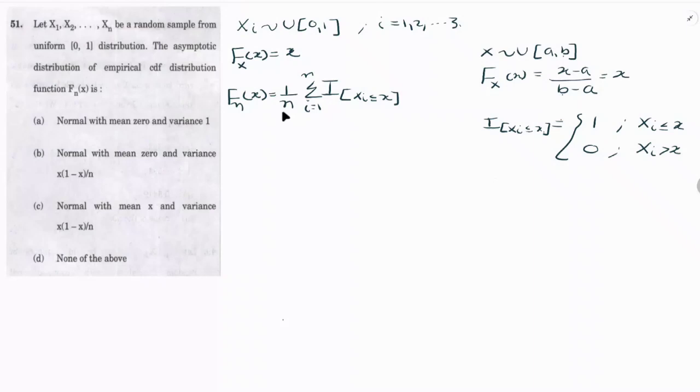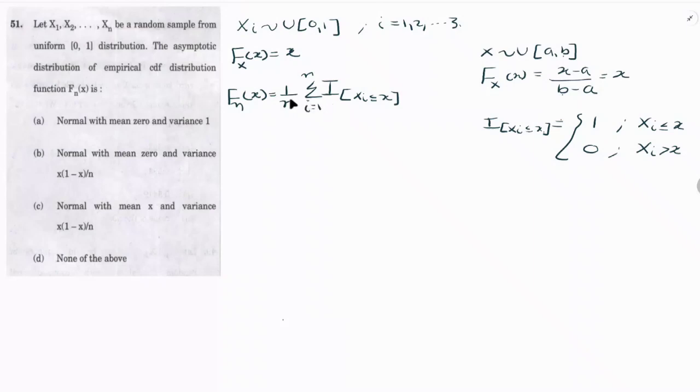Now, what is this? We are dividing a summation by n, so it's a kind of average, and I is taking value 1. So we are taking the proportion of sample observations that are less than or equal to a value x.